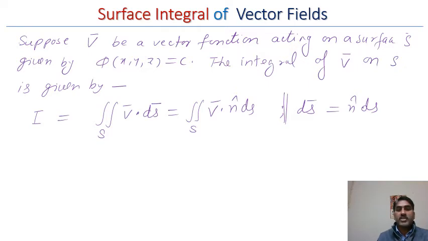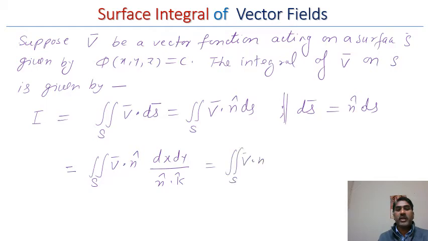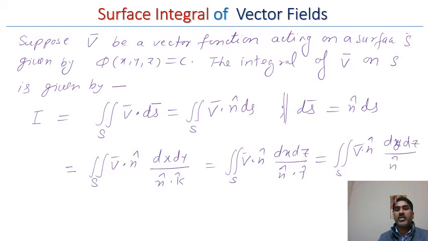So integration with respect to s is not always easy, so we will take its projection. So we will write it as the surface integral of v dot n dx dy by n dot k, or this is equal to v dot n dx dz by n dot j, or v dot n dy dz by n dot i.